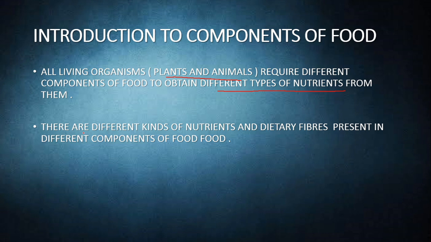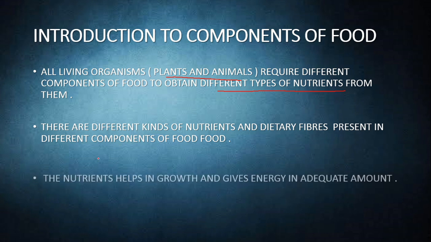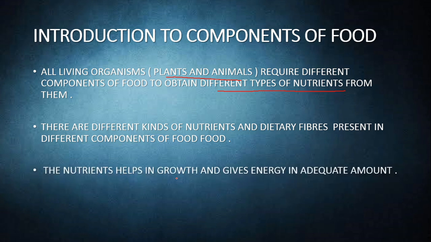So in order to get these nutrients, we need to eat different components of food. Then we can get these nutrients. There are different kinds of nutrients and dietary fiber present in different components of food. The nutrients help in growth and give us energy in adequate amount.